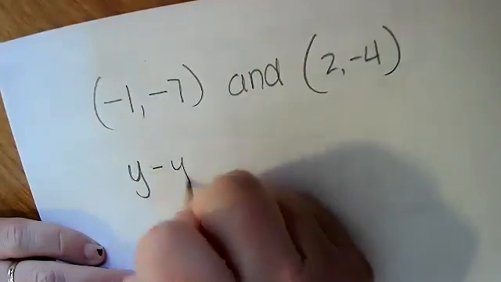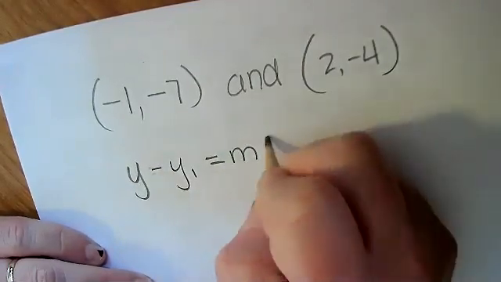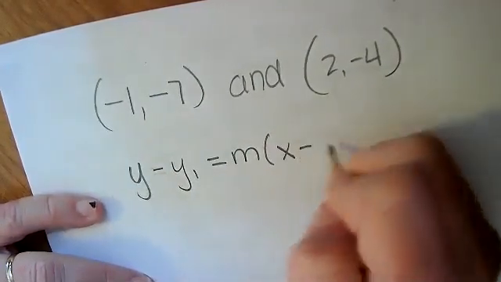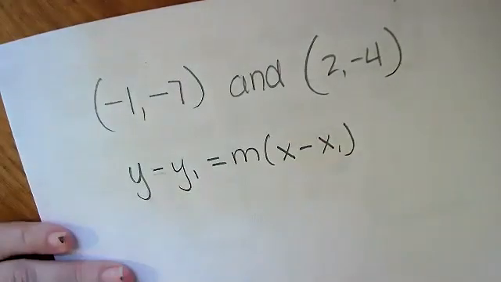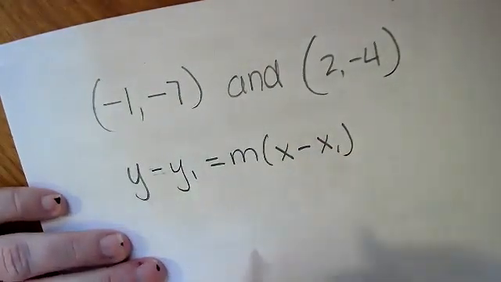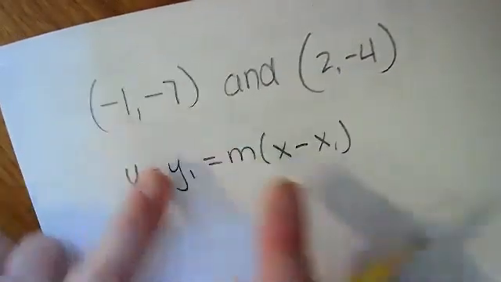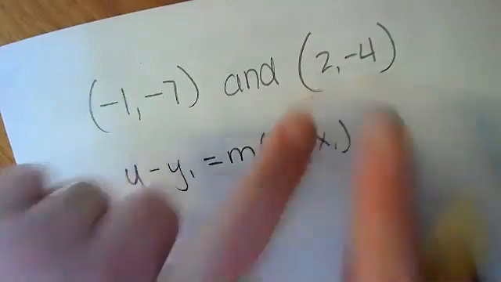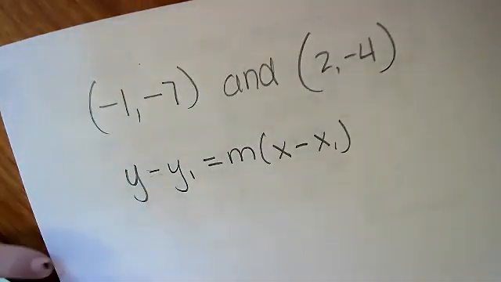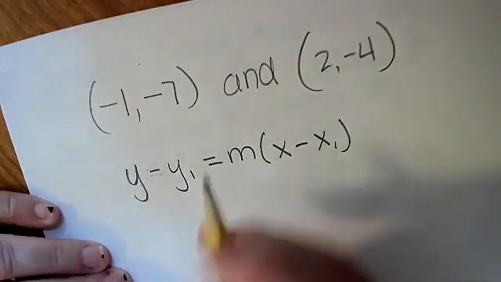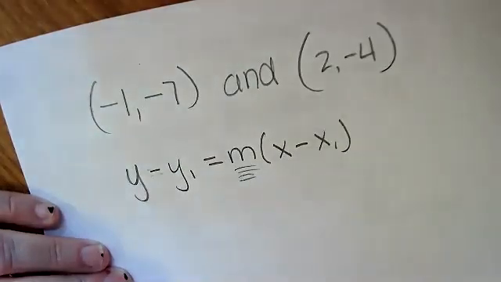Is y minus y1 equals m, which is slope, times x minus x1, right? Well, I already know my x and y's. I could either use this x and y, or I could use that x and y. Doesn't matter. The only thing I don't know is my slope.